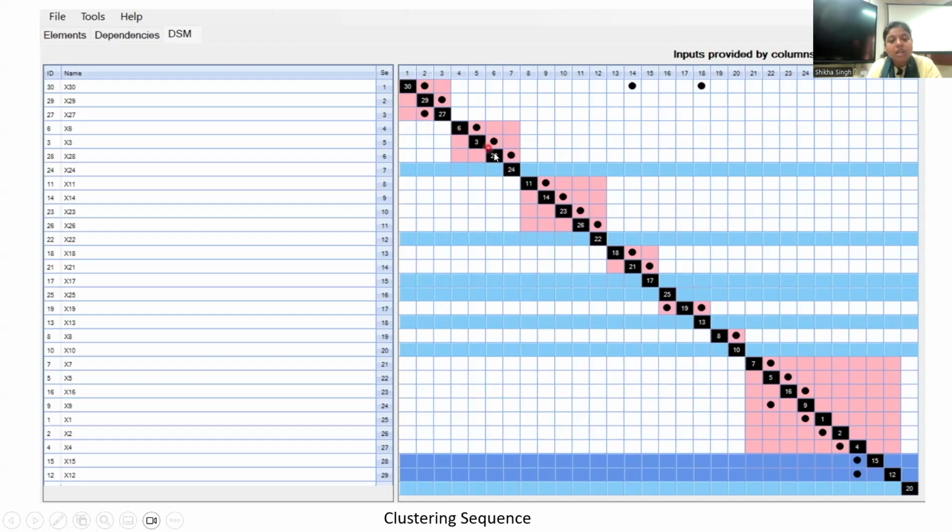Similarly, activities 6, 3, 28 and 24 are another cluster which should be working closely, and these are less related to the other activities. So this is the clustering sequence which you may get, which helps the teams to work together, right?